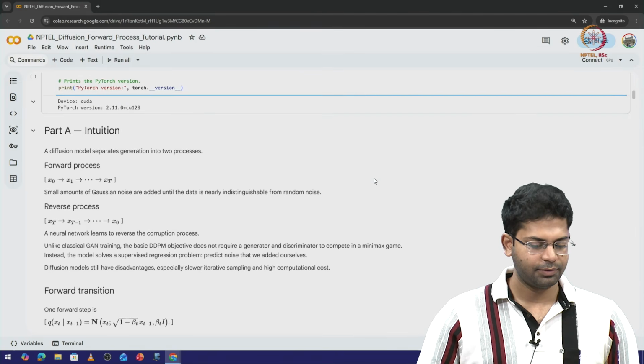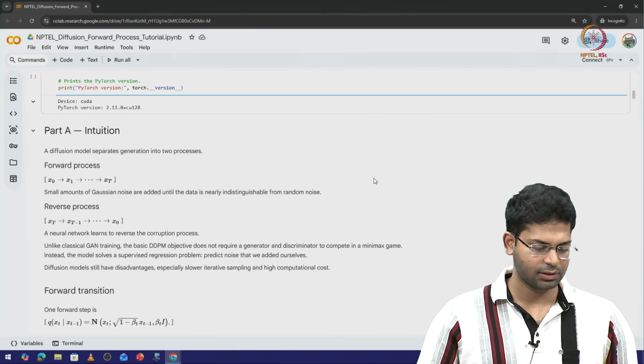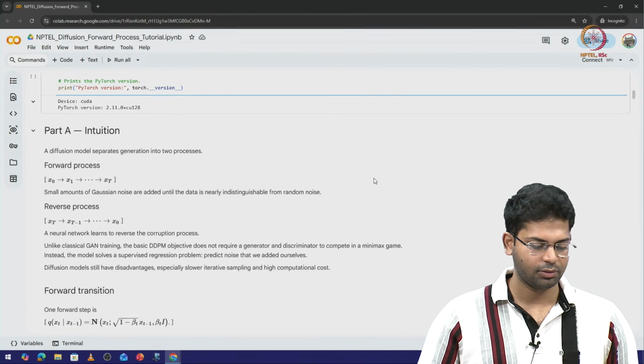Coming to the intuition of diffusion model, a diffusion model separates generation into two processes. First is the forward process, which starts with the original image denoted as x0 or original signal, and then in an iterative process x1, x2 and so on till xt, it converts it to a Gaussian noise in small steps.